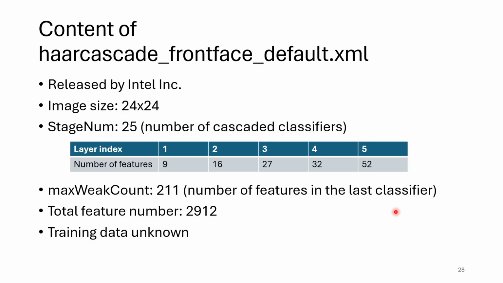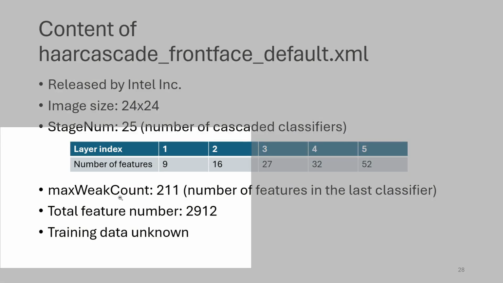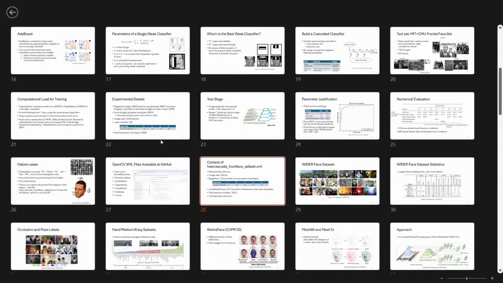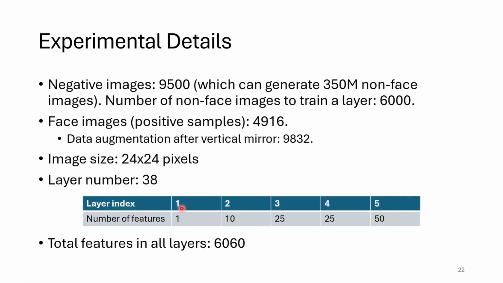As you can see, this is OpenCV's setting: for the first classifier, it uses 9 features. And this is what the Viola and Jones paper reports. The parameters are different, but the architecture, or the algorithm, is the same.